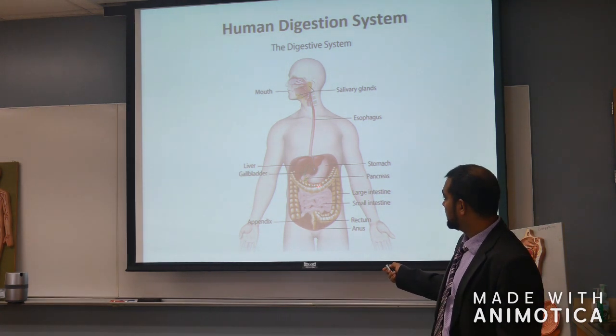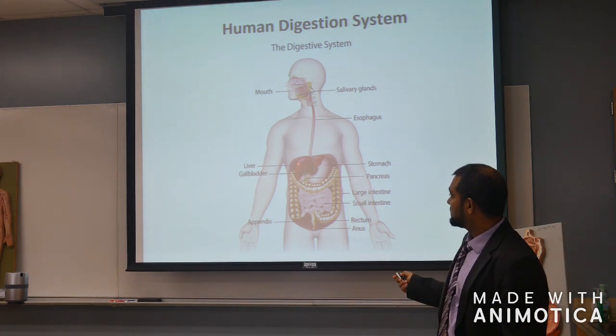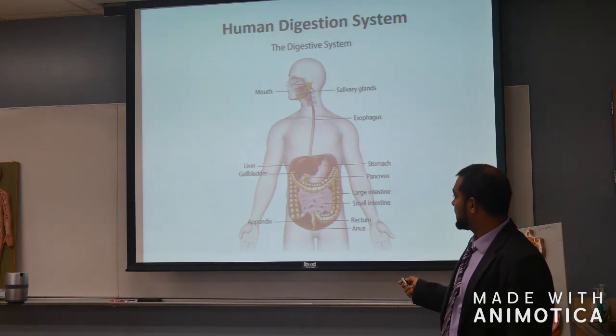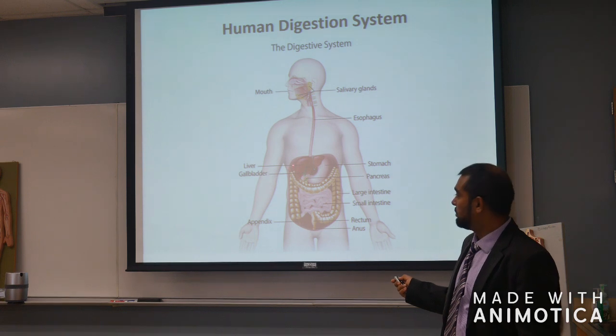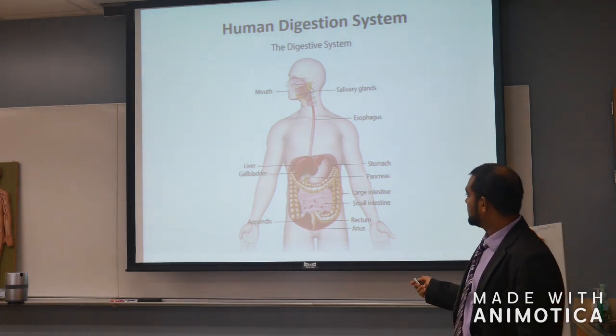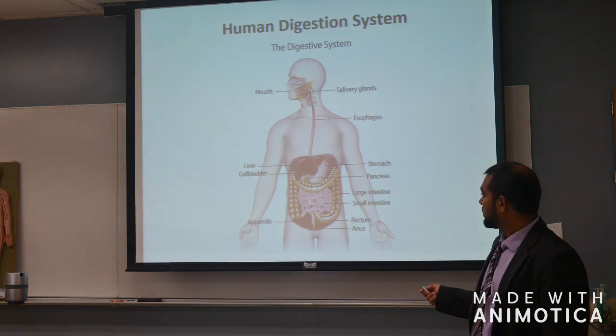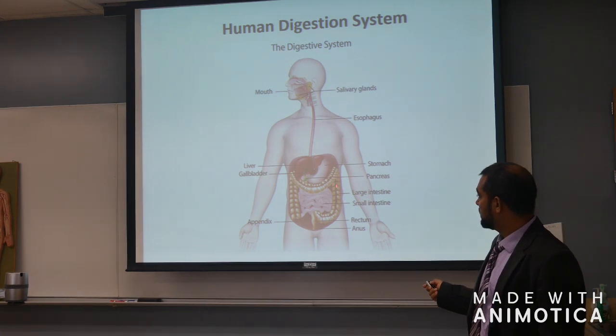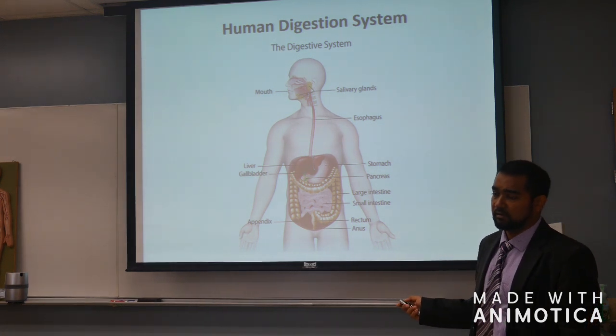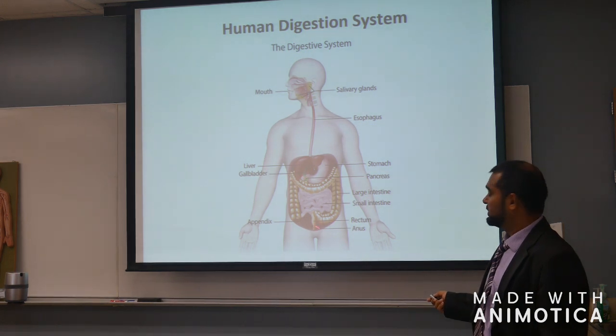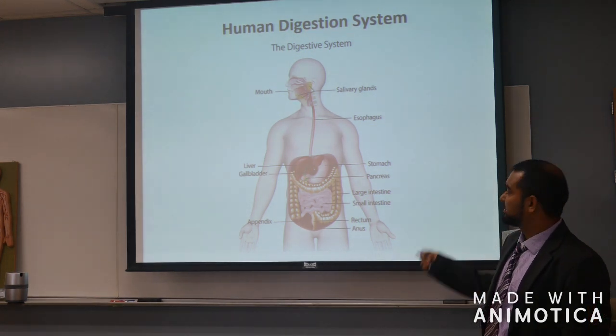It's actually behind the stomach, and then there is the liver. Below or behind the liver is a tiny organ called the gallbladder. After the stomach, it goes to the small intestine, then this golden one is the large intestine, and then the rectum, then the anus. That's the whole process of organs.